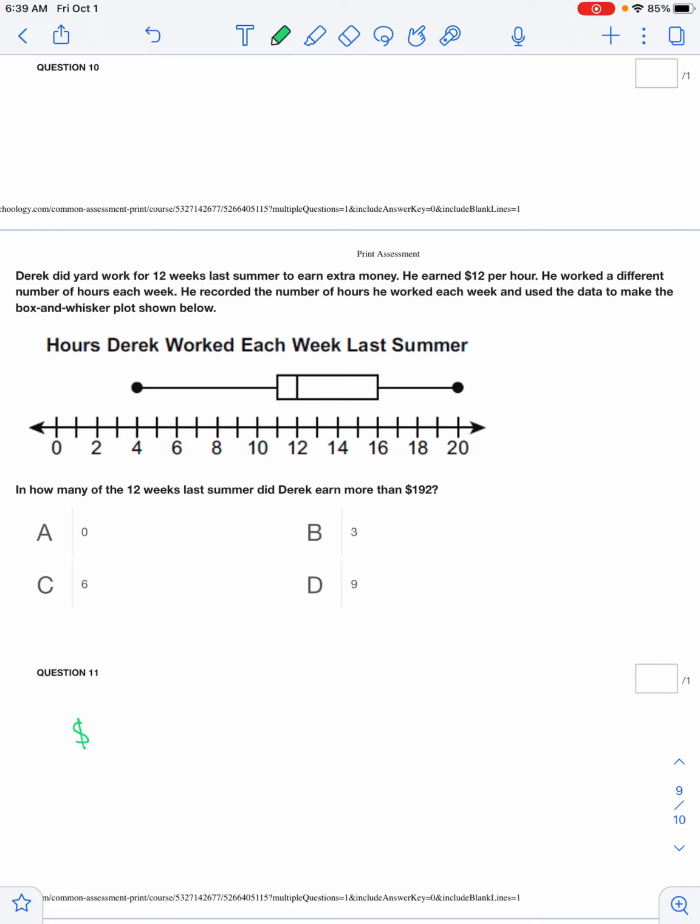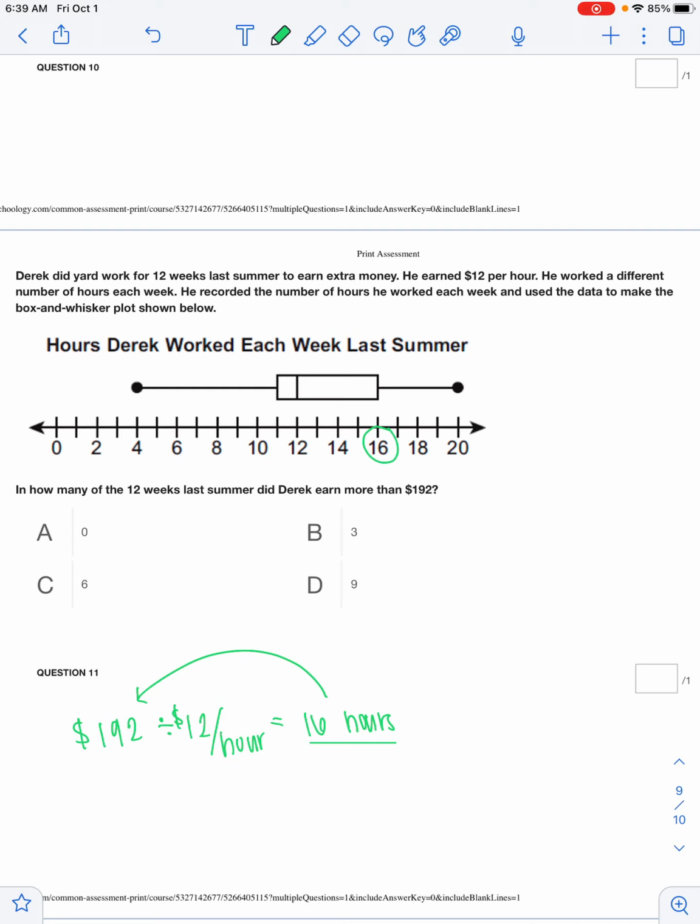Well, to earn $192, Derek would need to work 192 divided by $12 per hour. And 192 divided by 12 is equal to 16 hours.